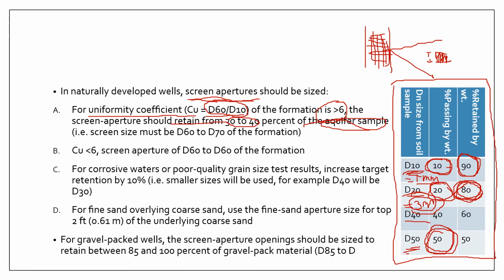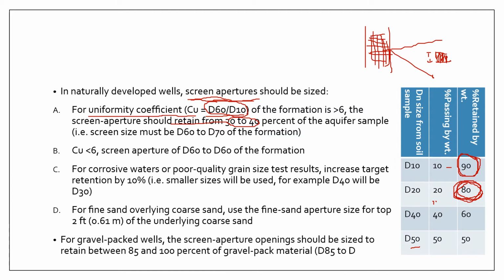So that means we should look for a size that is able to retain 30 to 40% of your sample. So you are looking down here at D60, for example, which will allow passage of 60% of your samples and will retain 40%.